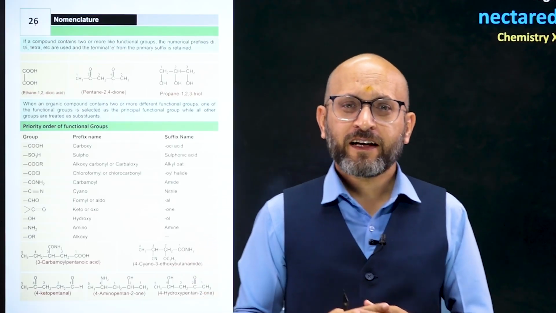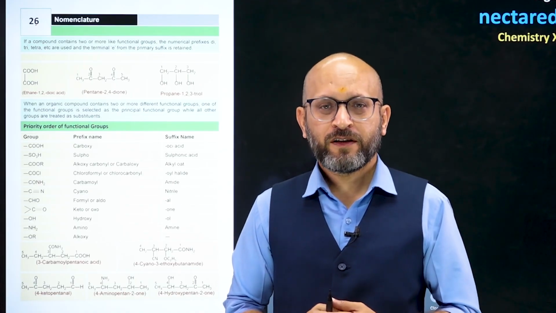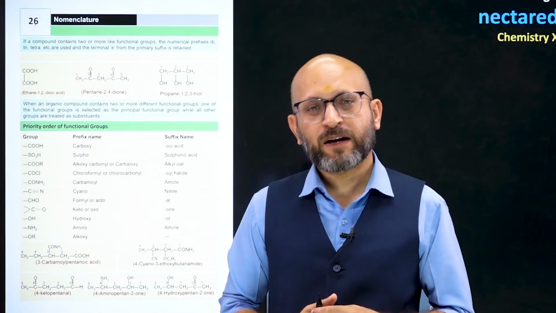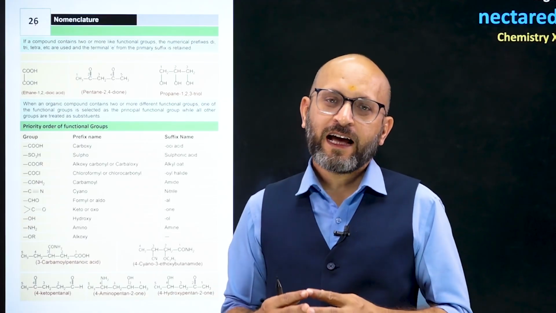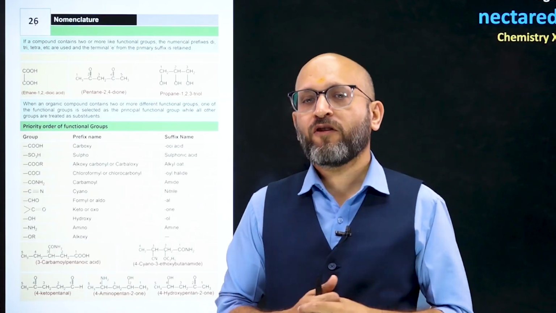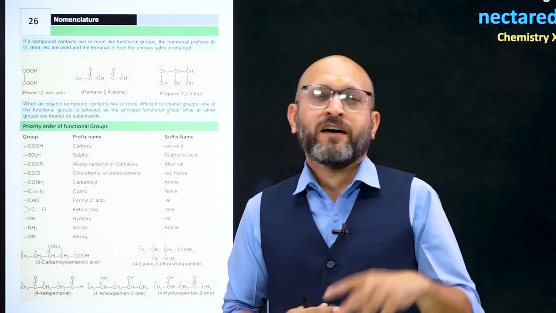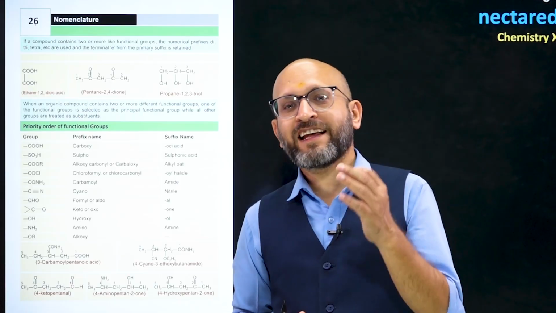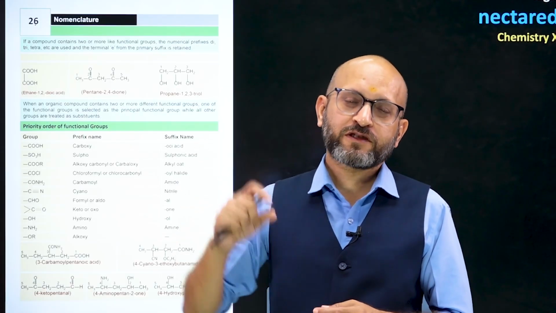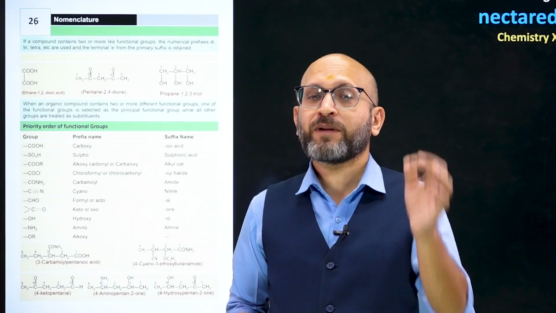For example, in a compound, if carboxylic group and OH group both are present, then we will have suffix from carboxylic group, that is oic acid, and OH group becomes a side chain, and we use prefix name of OH, that is hydroxy. Similarly, if we have in a compound CHO group as well as NH₂, then CHO has a higher priority, so we use suffix of CHO, that is al, and prefix of NH₂, that is amino.